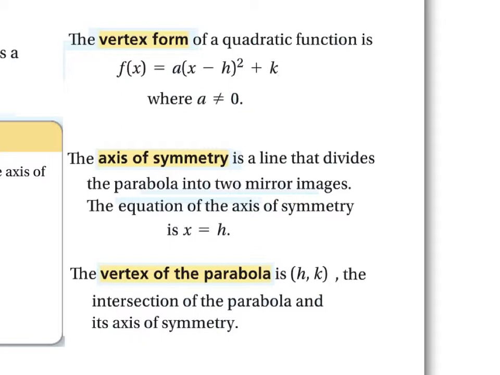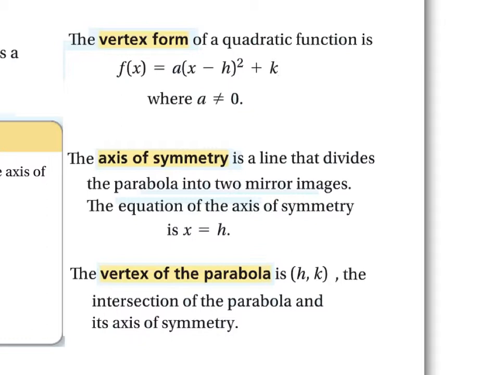We still find the vertex the same way we did with absolute values, the same way we did with square roots. So that means x is hexed, y is y's. That still holds true here. And then the axis of symmetry is at x equals h.